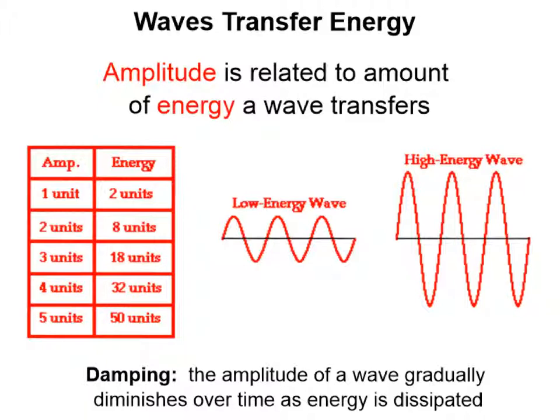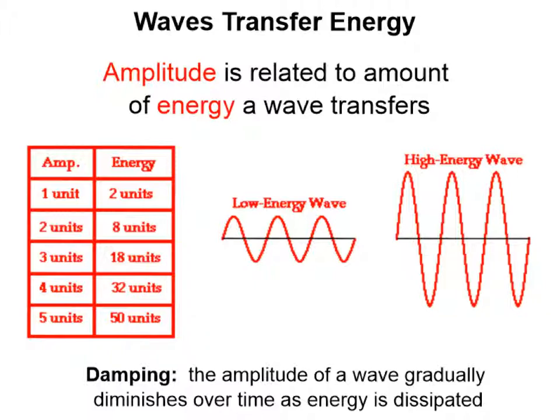Now, the rate at which a wave transfers energy depends on something called amplitude. And we can see a depiction here. We have a low energy wave with low amplitude and a high energy wave with high amplitude. This amplitude is the distance from equilibrium to either the crest or the trough.